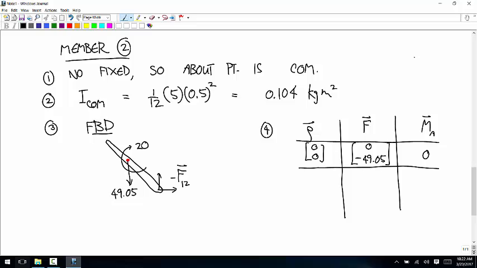And then for negative F12, rho vector is 0.25 times cosine and sine of negative 45. That's 0.1767, negative 0.1767. The force vector is negative F12x, negative F12y.